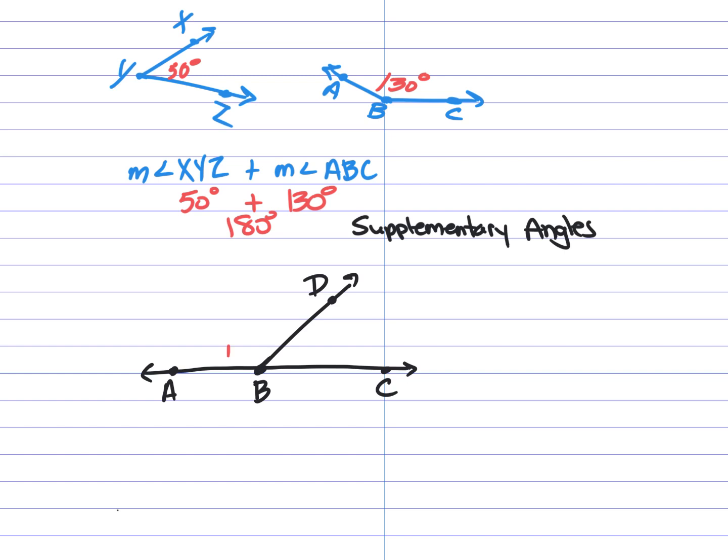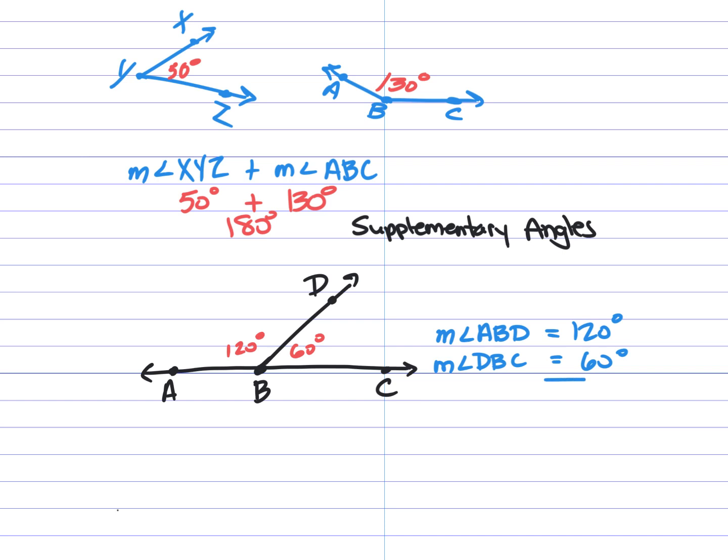And so this measure, let's call this 120 degrees. We'll call this 60 degrees. And so the measure of angle ABD is equal to 120 degrees, and the measure of angle DBC is equal to 60 degrees.